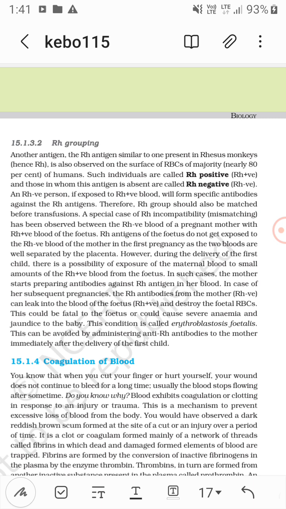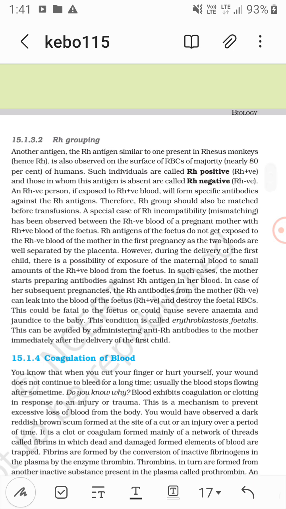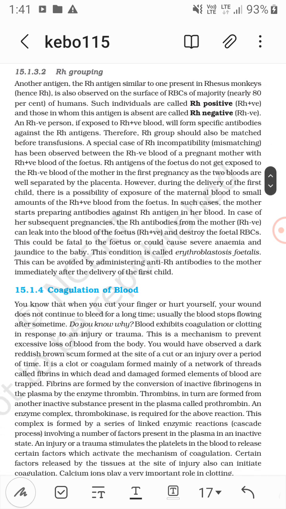A special case of Rh incompatibility mismatching has been observed between the Rh negative blood of a pregnant mother with Rh positive blood of the fetus. This could be fatal to the fetus or could cause severe anemia and jaundice to the baby.